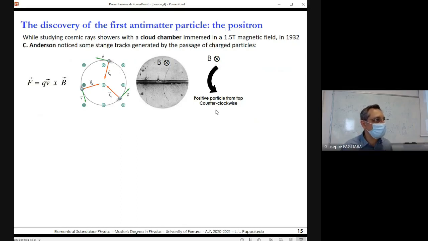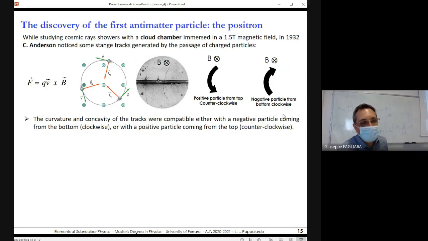Now, what do I mean by top and bottom? This experiment was launched with a balloon in the atmosphere, so top means coming from space, bottom coming from the Earth. However, you can interpret the same track in an opposite way. You would also get this kind of track for a negative particle coming from the bottom and moving clockwise. There is no way to distinguish between the two possibilities.